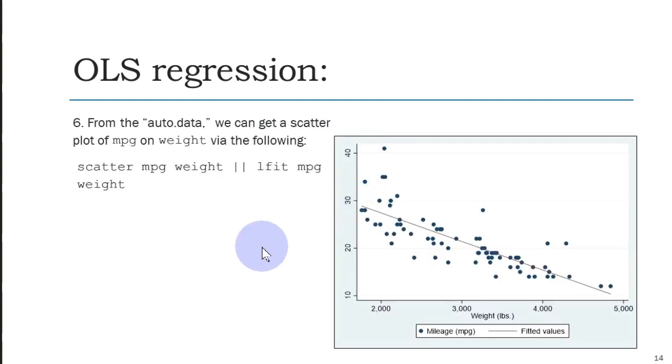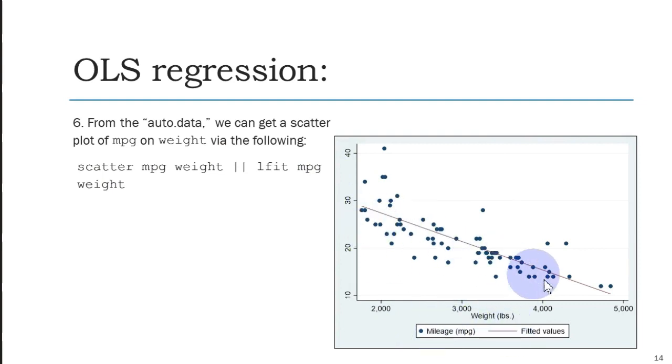For example, from the auto data that we have earlier, we can plot a relationship between mileage and weight. Logically speaking, the mileage per gallon will have a negative relationship with the weight. So we can run the command scatter mpg weight, with lfit mpg weight, to get this scatter plot of mileage against weight.